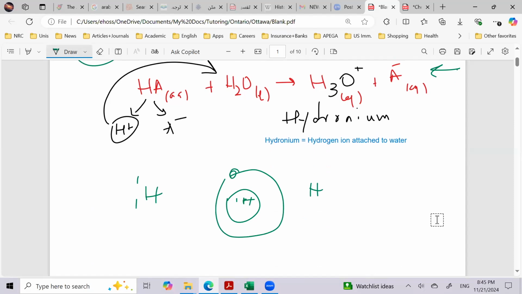This is hydrogen. So if hydrogen loses one electron, this shell is gone. It does not exist anymore. You're basically left with one proton. That's why we show it as H plus. It means one electron is gone, and the only thing left for hydrogen is just one proton. So that's what we call it, a proton as well.